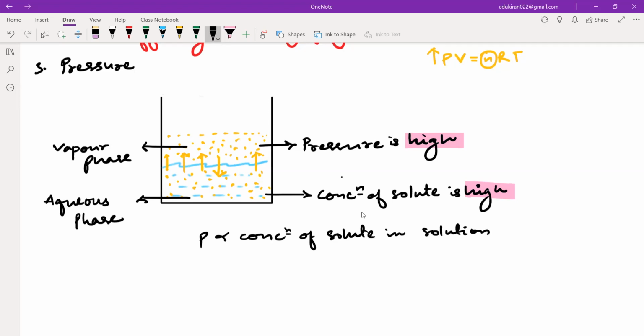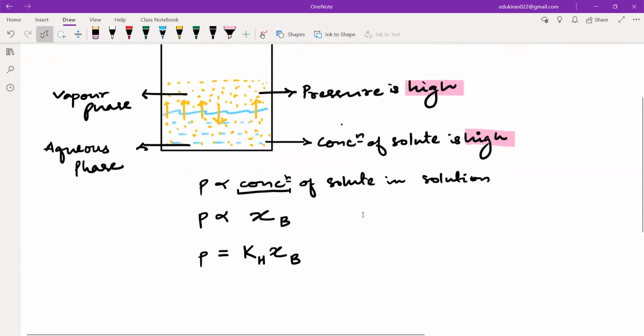In order to express the concentration, chemists have seen that it aligns perfectly with mole fraction, chi b. Now, in order to remove this proportionality sign, we need to put a constant, k, into chi b, and this constant is known as Henry's constant, since this relationship was discovered by Henry, and hence this is known as kH. It is known as Henry's constant.